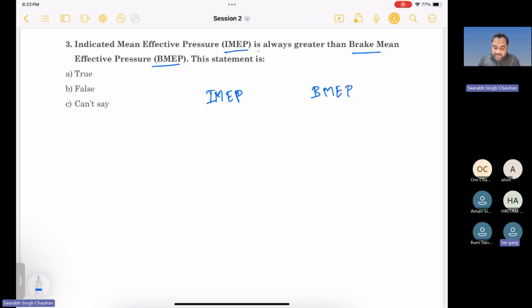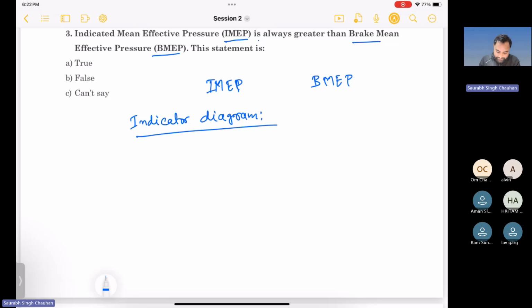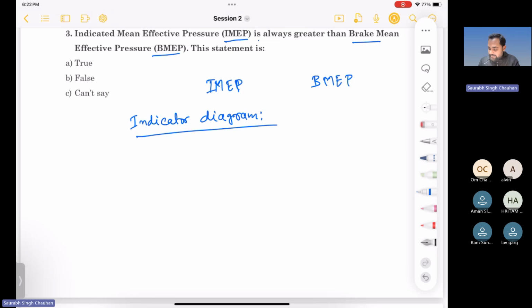So indicated mean effective pressure is the mean effective pressure which you calculate from indicator diagram. So there is another term called indicator diagram. So what is indicator diagram? You know what is indicator diagram?